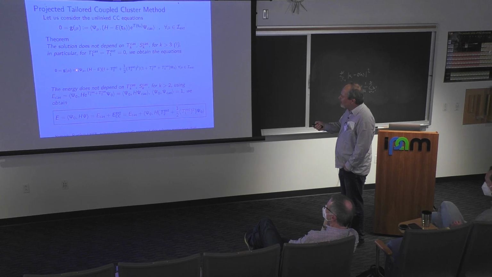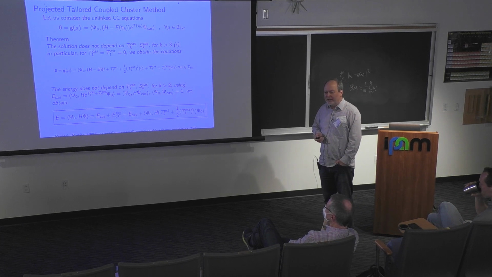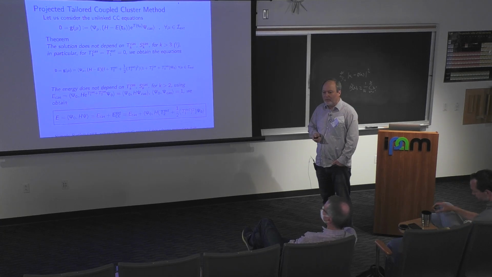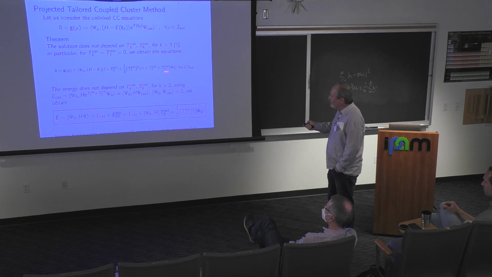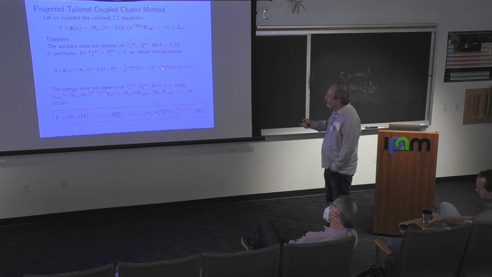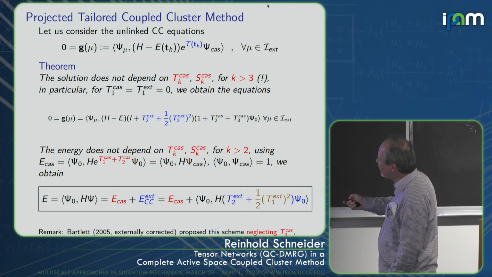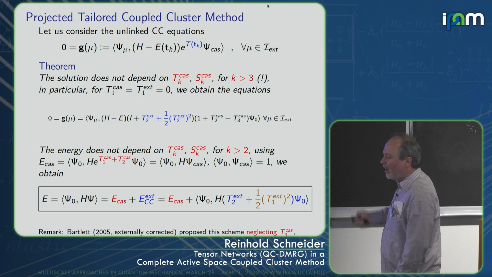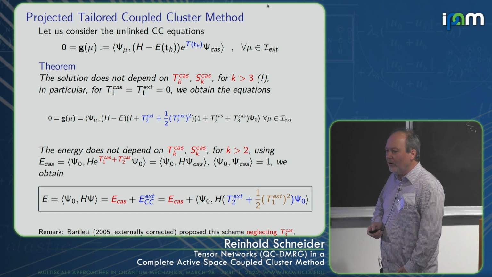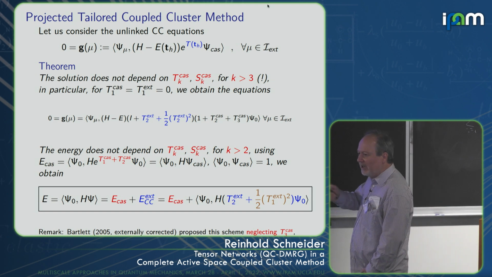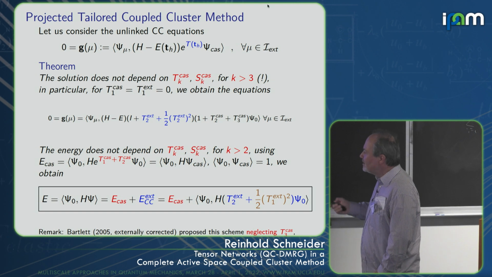But already for the nonlinear terms, not all higher excitation amplitudes are entering the coupled cluster equation, the external one. If you look a little bit carefully, you can see that you can truncate this exponential series after T3. Only the triple excitations are entering these equations.